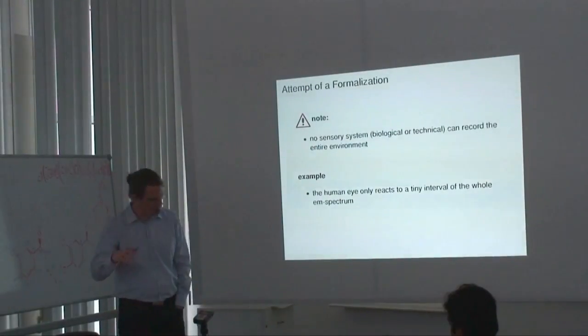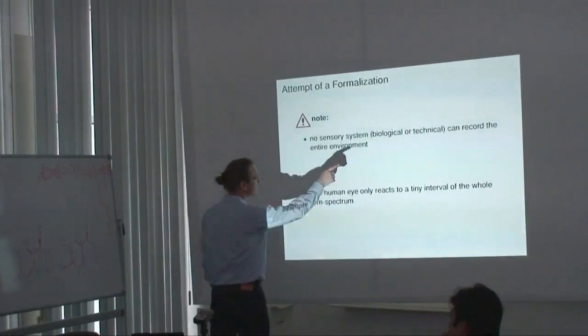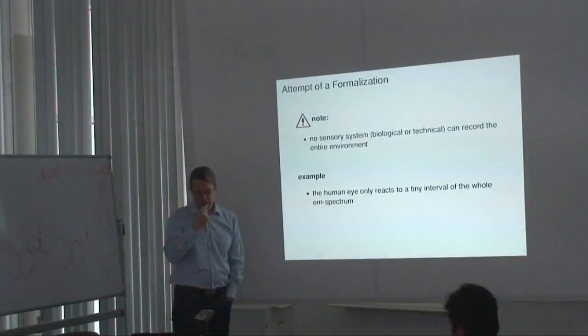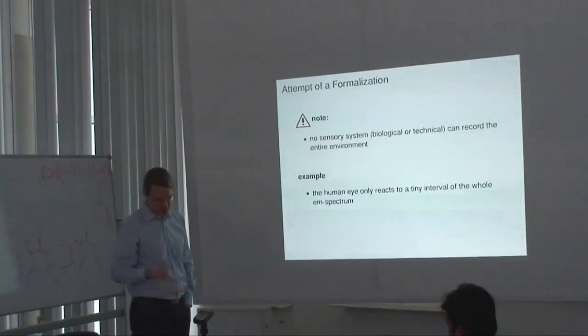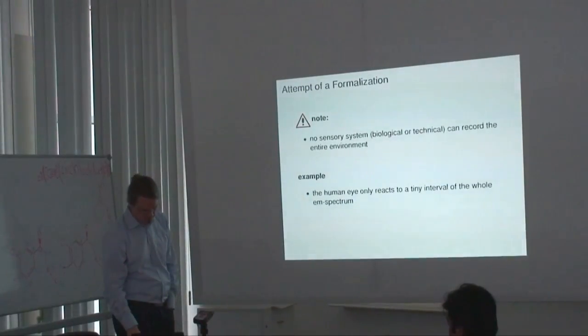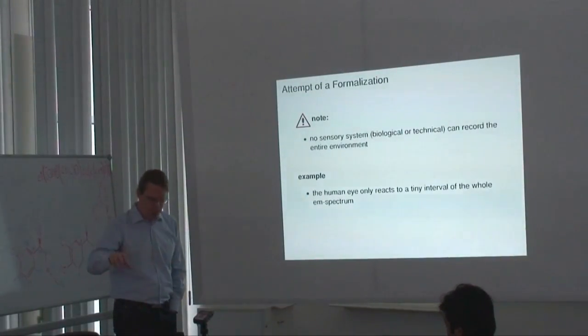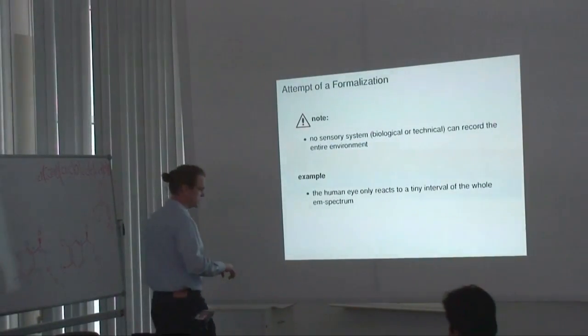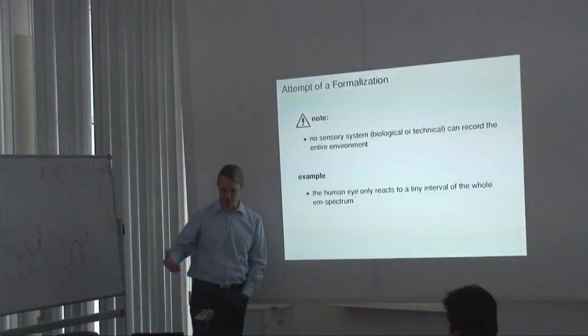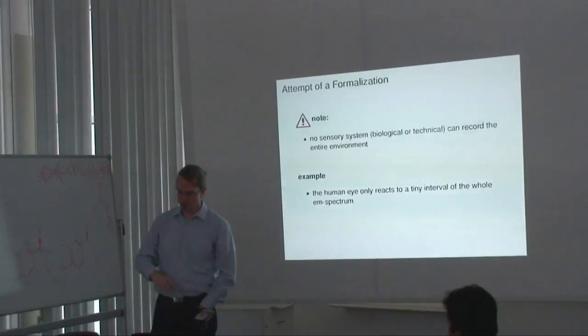We can create technical sensors that see more, but these technical sensors are again not able to see everything. And this is where perception comes into play. We have to be aware of the fact that we can basically only recognize what we can perceive.